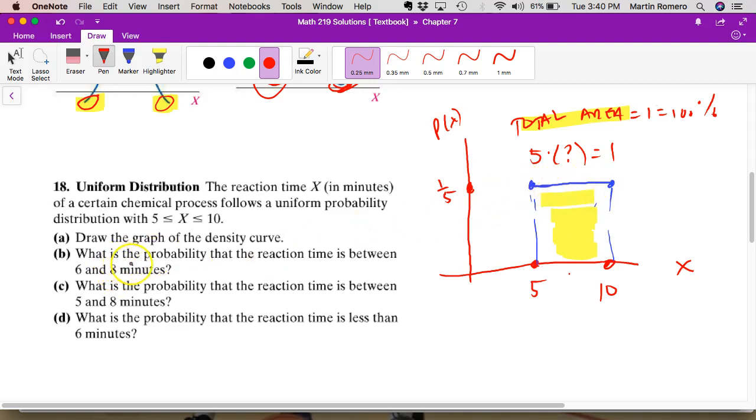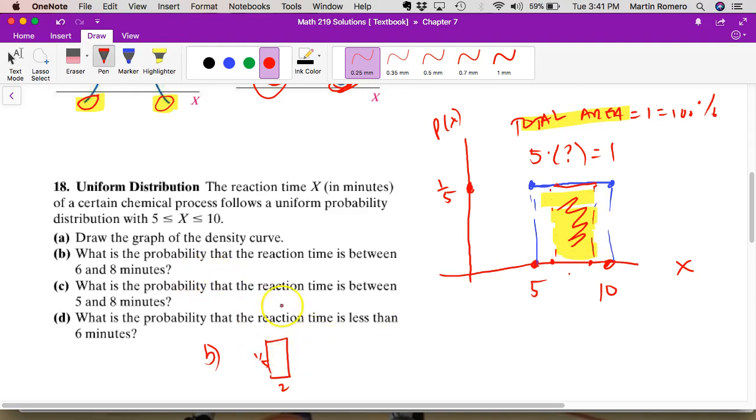And so what is the probability that the reaction time is between 6 and 8 minutes? Well, here is 6, here is 8. What we're trying to do in this case is calculate the area of that rectangle. For part B, that rectangle has a width of 2 because it goes from 6 to 8, and a height of 1/5.